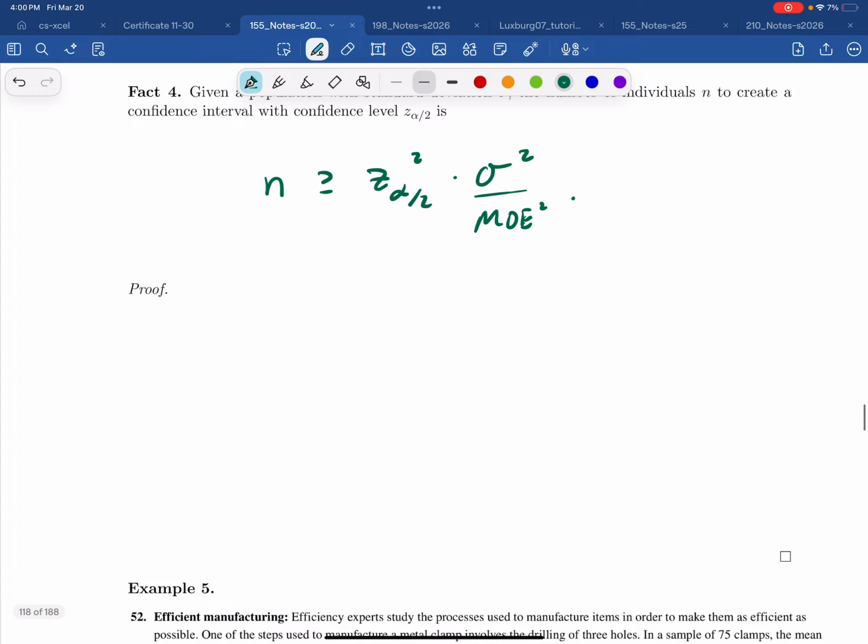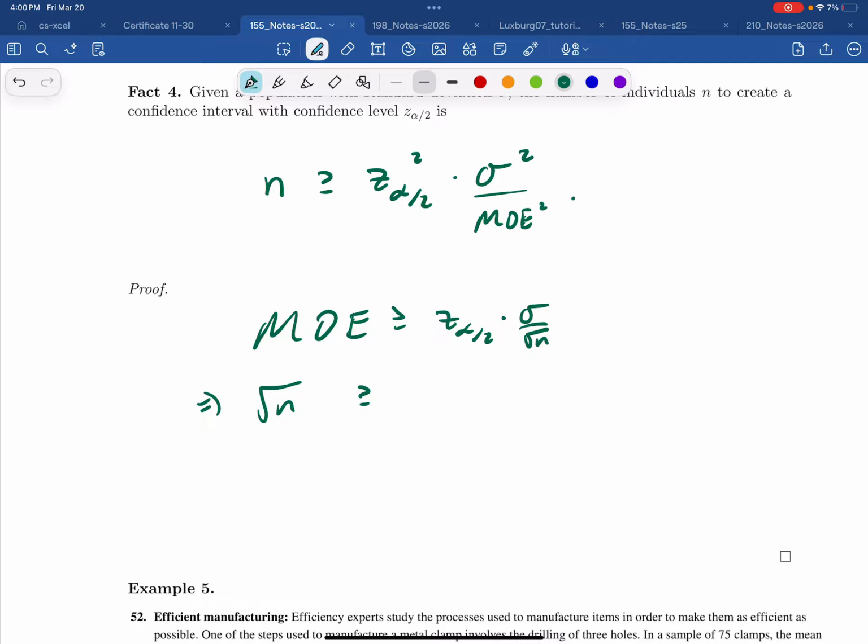And I'll just say where we got this from. If the margin of error equals z alpha over 2 times sigma over root n, and it needs to be less than that, that implies that the square root of n needs to be greater than or equal to, I think the inequality works this way.